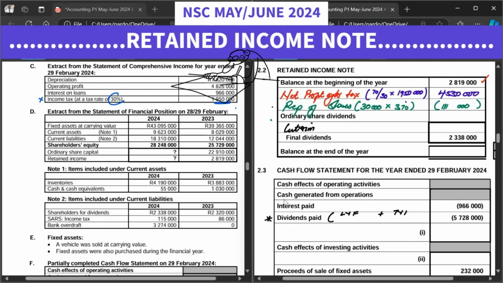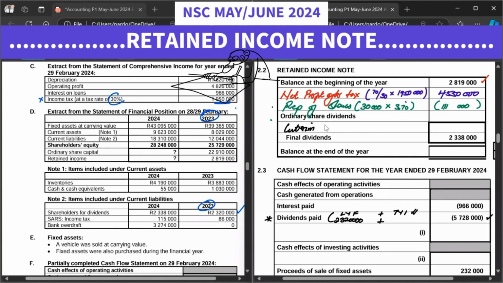So it simply means if I can get last year's final dividends, which is 2023, shareholders for dividends, 2,320,000. If I can get that amount, which is last year's final, 2,320,000, and then I will get the difference with the 5,728,000. I can now get my interim dividends.